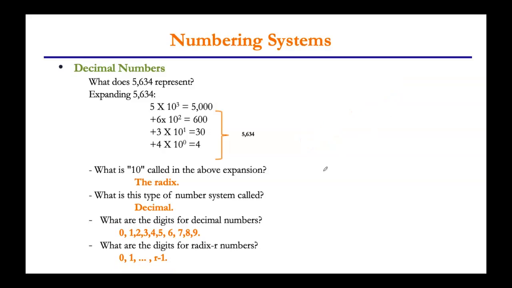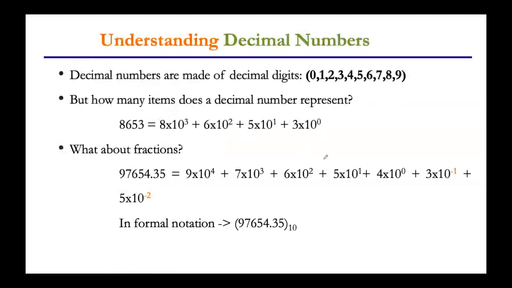If R is some other number, it uses that. As we just saw, decimal uses 10 digits, starting with 0 and ending with 9, and the combination of these represents the decimal number. As many digits as there are in the number, that many items will be calculated. So for 1, 2, 3, 4, there will be 4 items.